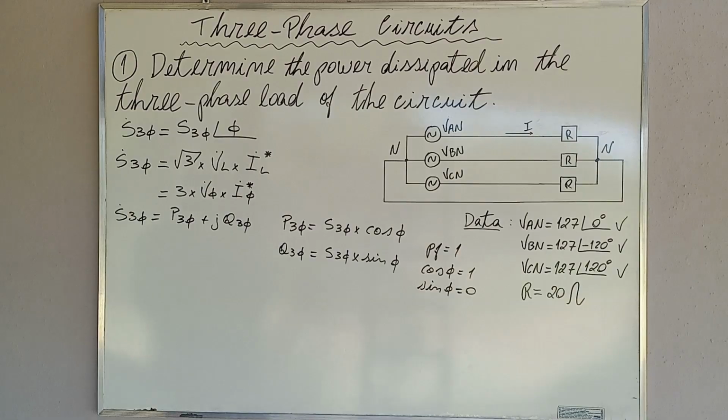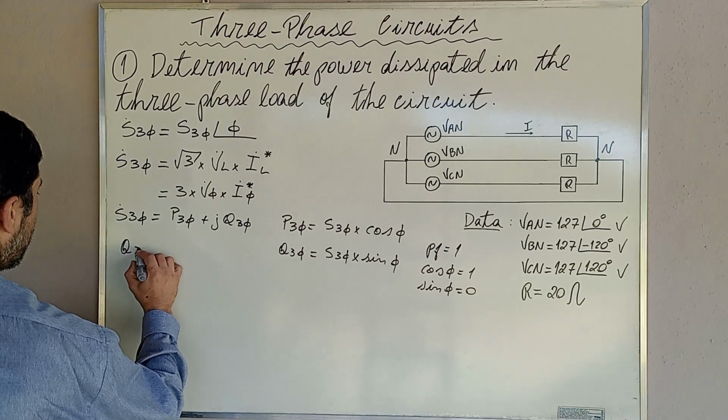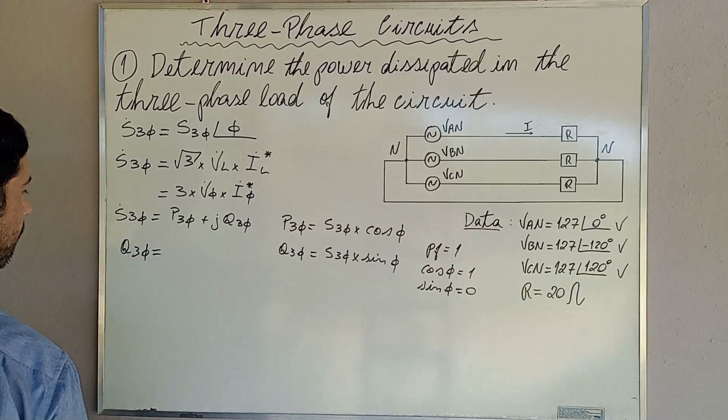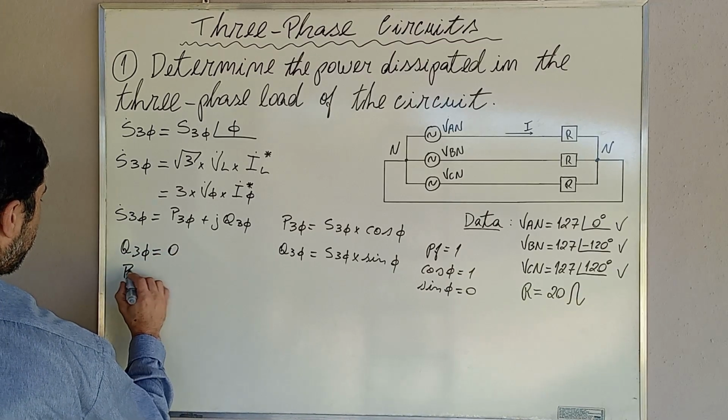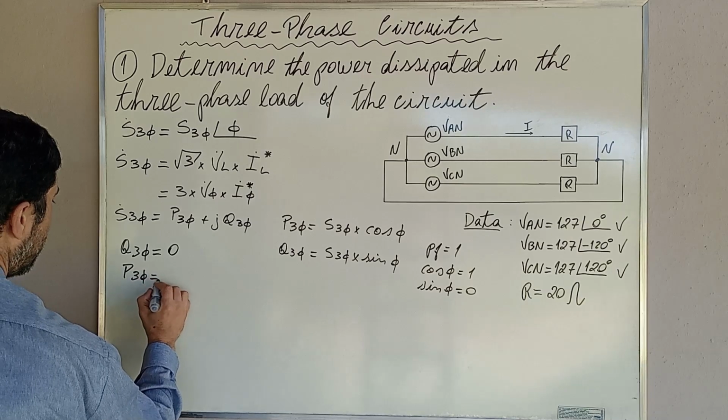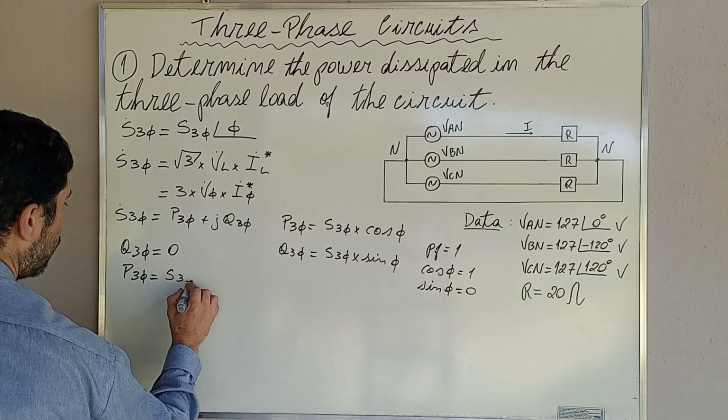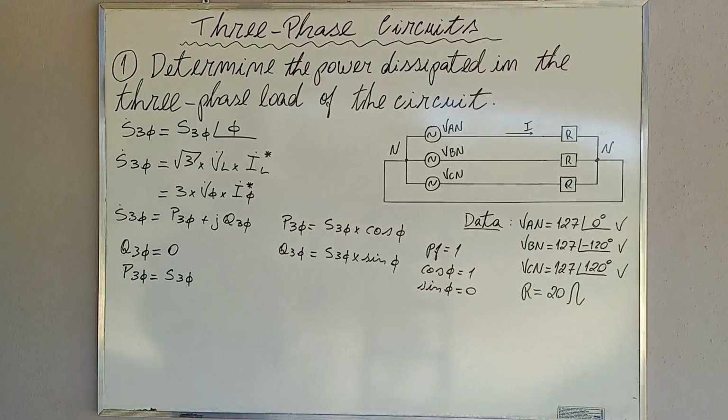As the load is purely resistive, it does not exchange reactive power with the source. In this way, the reactive power is 0 and the active power is equal to the apparent power. The entire apparent power is being converted into active power.